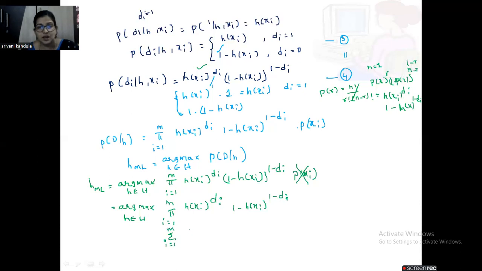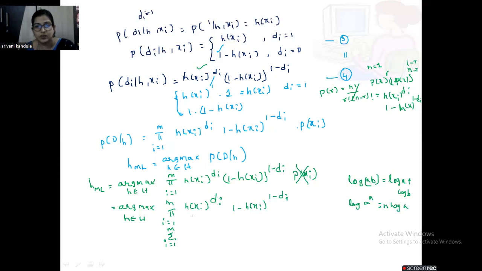So let us apply a logarithm on this. Whenever I'm applying a log, I'll just give you the formulas here. Log AB is log A plus log B, and log A to the power of n is n into log A. So both I'm doing here.